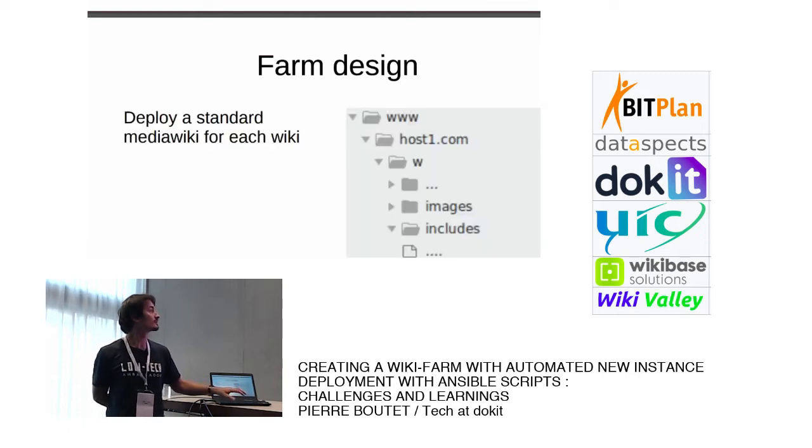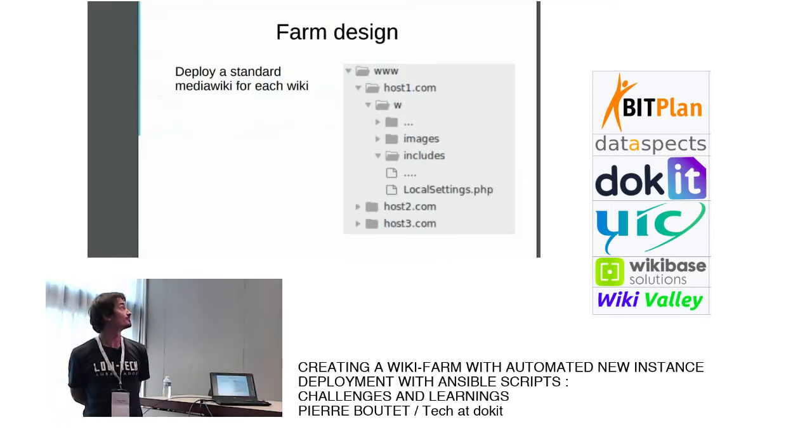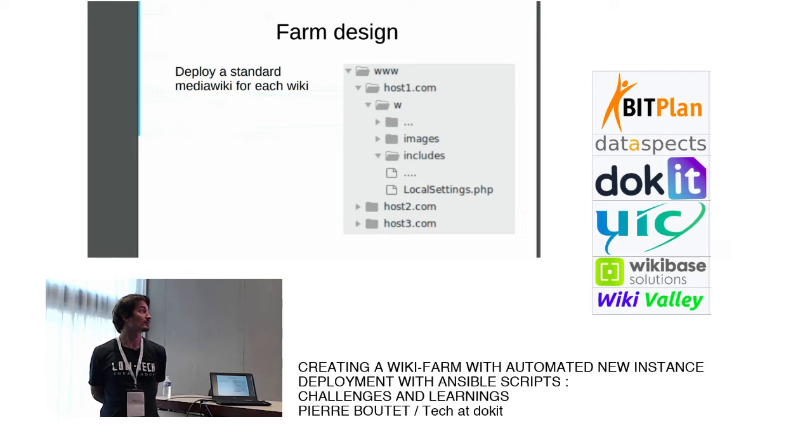So what's a MediaWiki deployment? This is a simple configuration of what we install when we want to host many wikis. The simplest way is to simply install MediaWiki in the directories of the server, with one directory for each domain that we want to create.